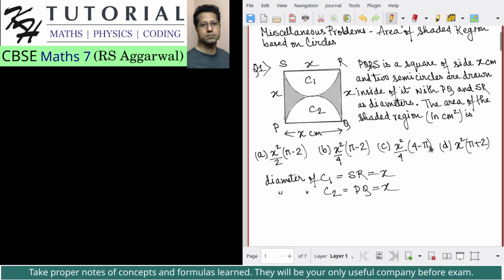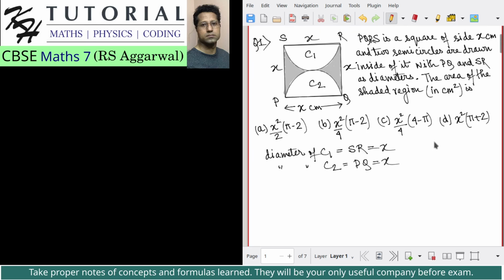So quite obviously the area of the shaded region is nothing but the area of the square minus the area of the two semicircles. Now, what is the area of the semicircle C1? We know the area of a semicircle of radius r is pi r square by 2.